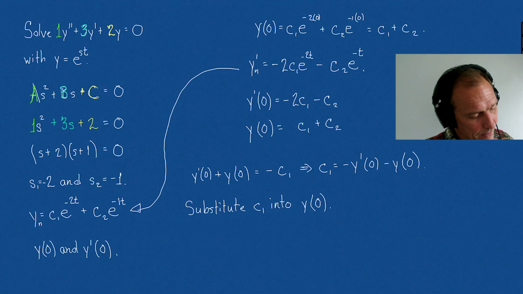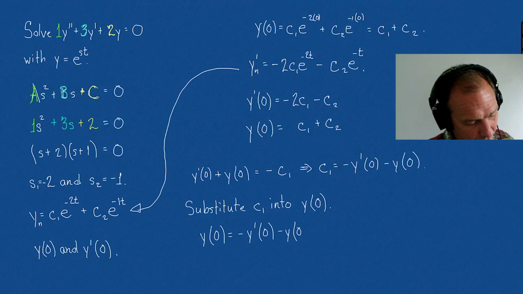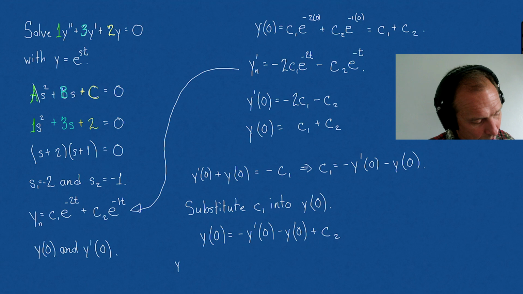What do I get there? So now I have y of 0 equals C1, which is minus y prime of 0 minus y of 0, plus C2. If I move these terms to the other side, I have y prime of 0 plus 2y of 0 equals C2.